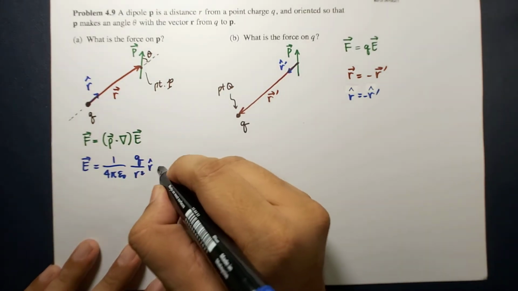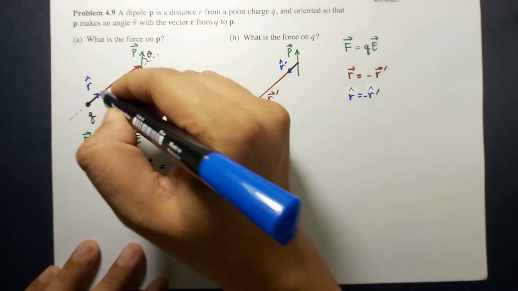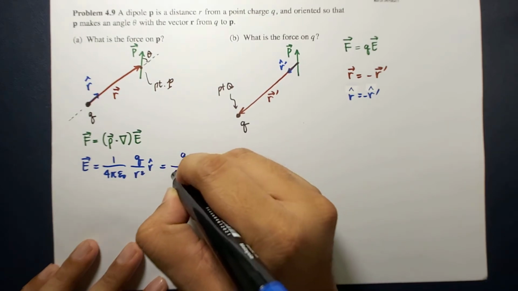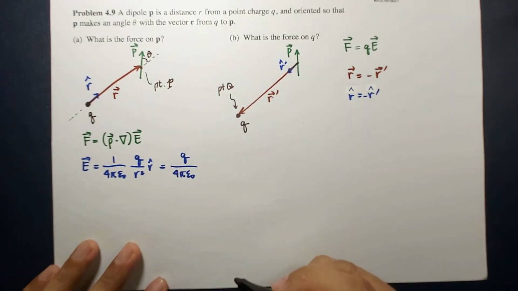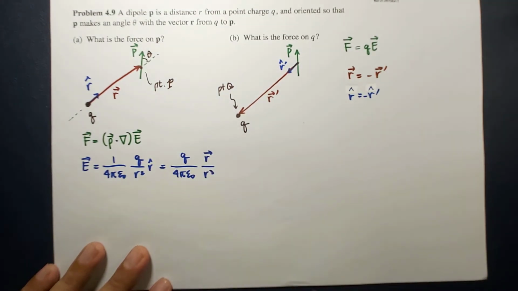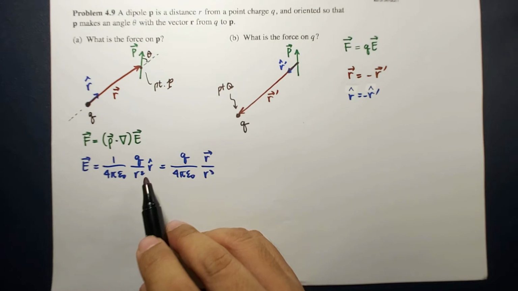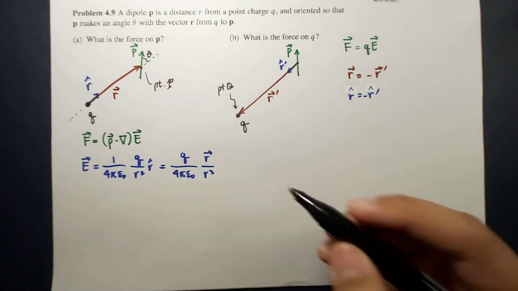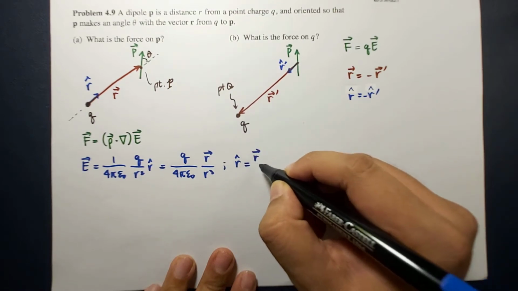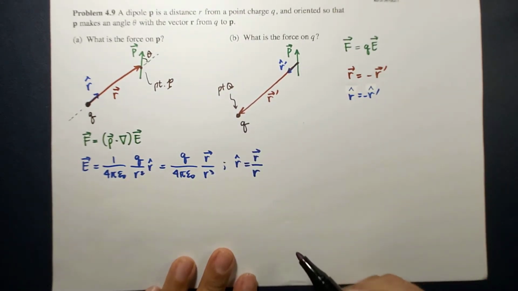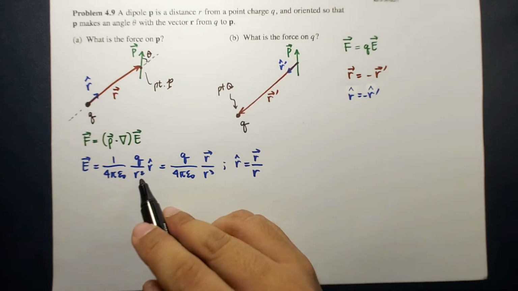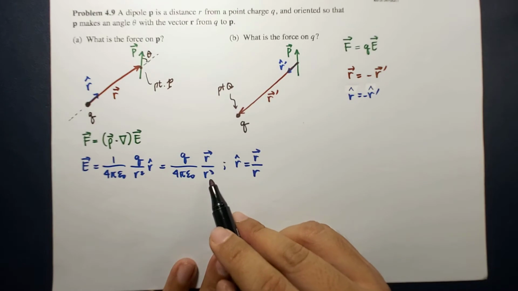Or, in terms of the vector r, Q over 4 pi epsilon sub 0 times vector r over r cubed, because remember that r hat is equal to vector r over r.